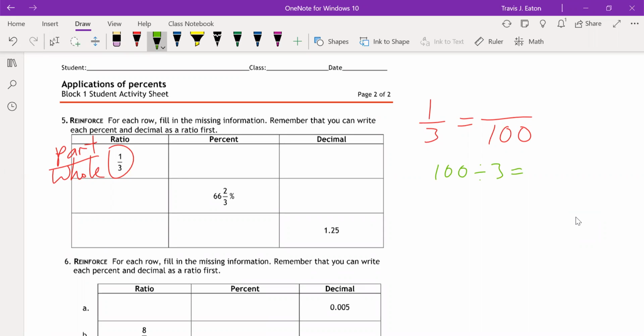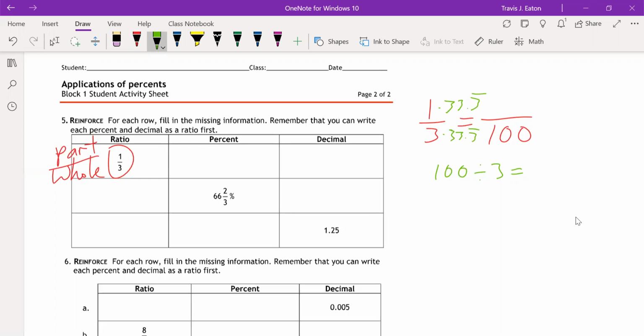So 100 divided by 3 is 33.33333333. So we would have to multiply this times 33.3 repeating. Well, and of course, that would be the same thing up here.